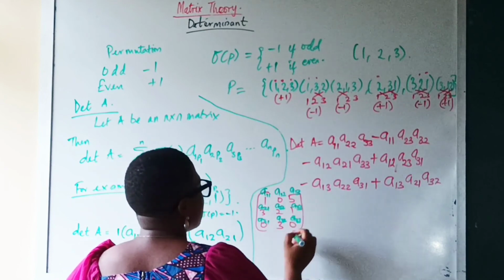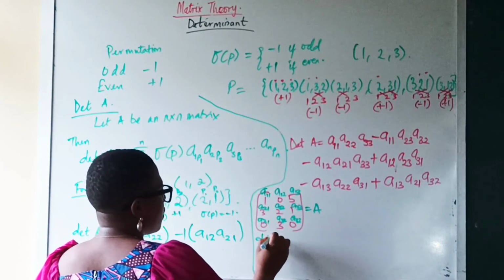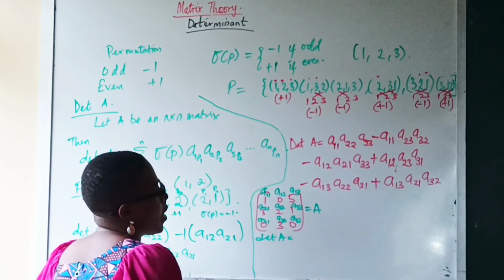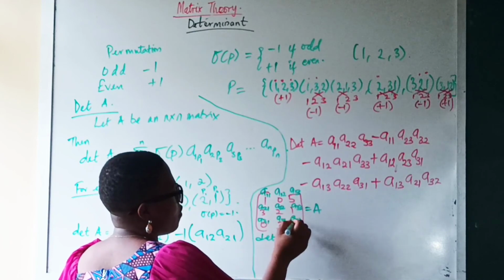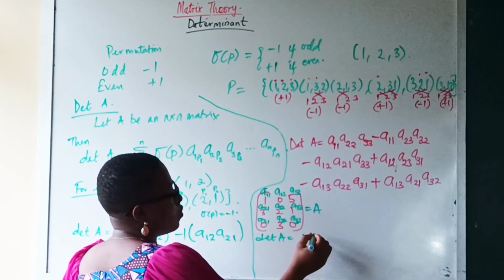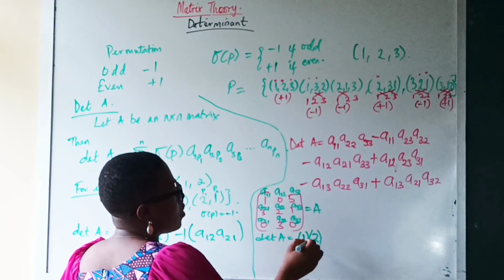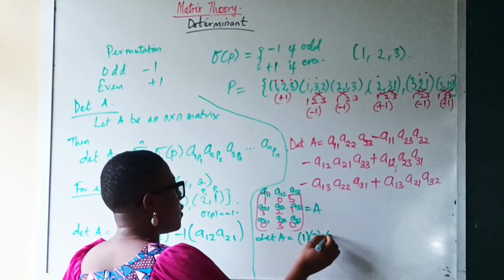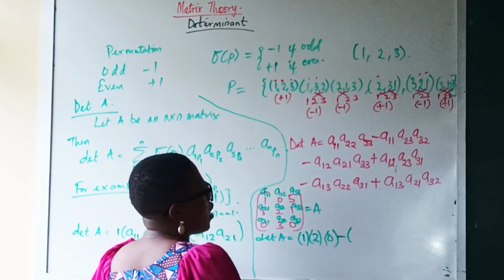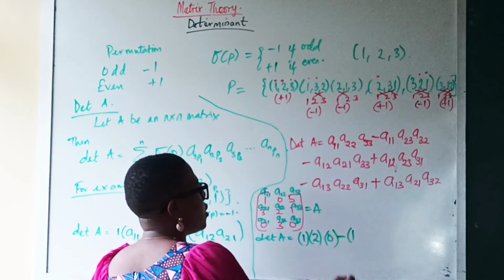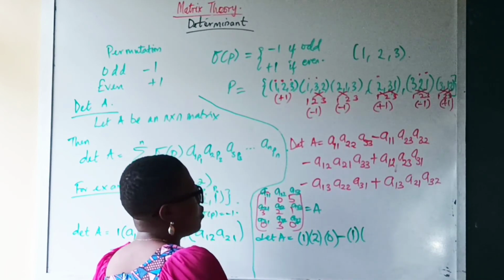So the determinant of this matrix will give us A11, 1, times A22, times A33, minus A11, 1, A23, what's A23?